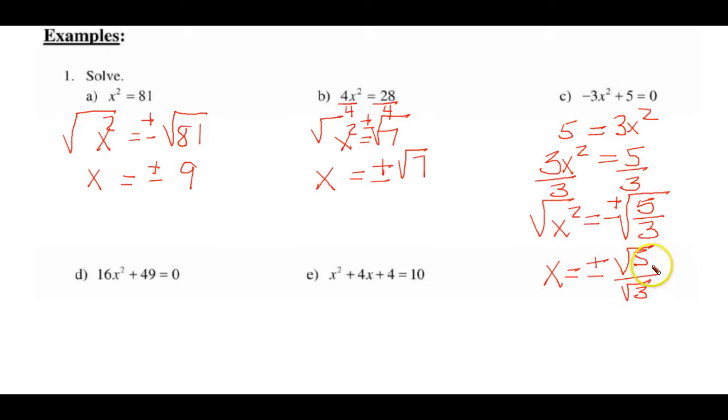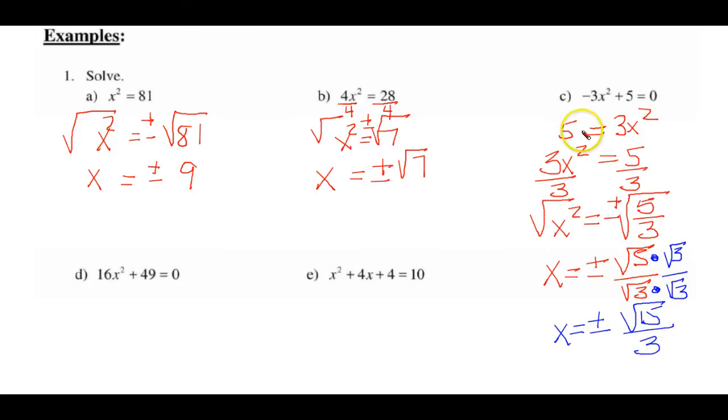Now, we don't like to have a radical in the denominator, so here's a case where I will rationalize the denominator by multiplying it by 1 in the form of the square root of 3 over the square root of 3. So this then becomes plus or minus the square root of 15, and then this is the square root of 9 that simplifies to 3.